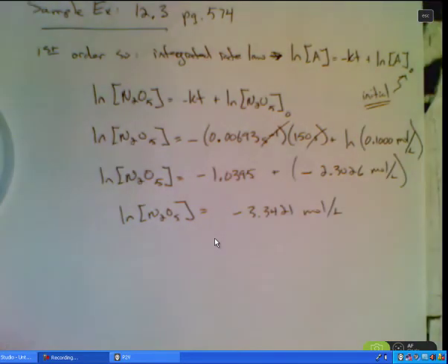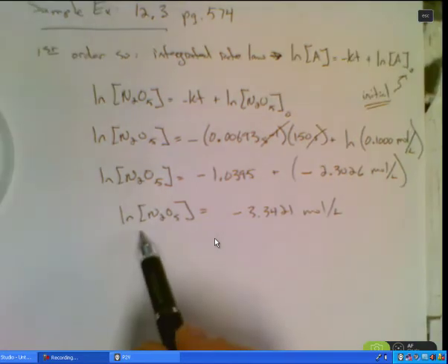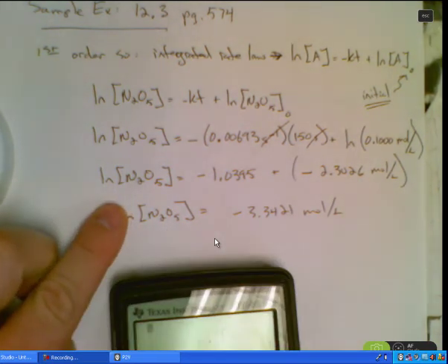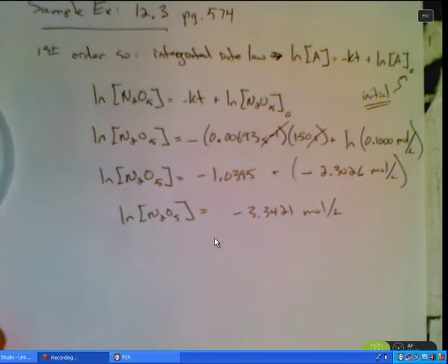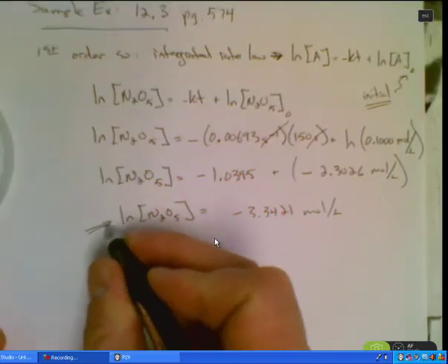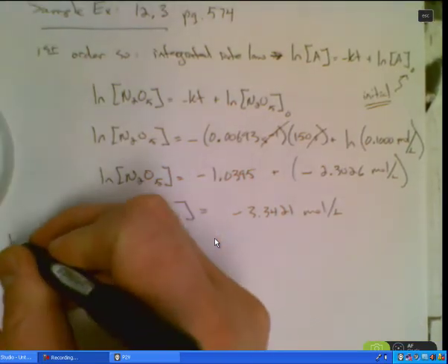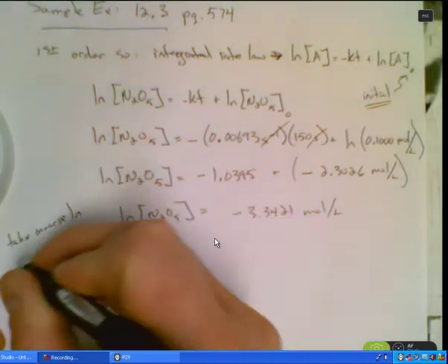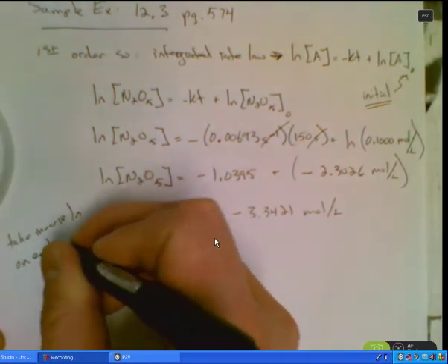Okay. Now the question is, how do we get rid of this natural log? Because we just want this concentration. We've dealt with this once. You're going to take the inverse natural log on each side. Or it's like square root.